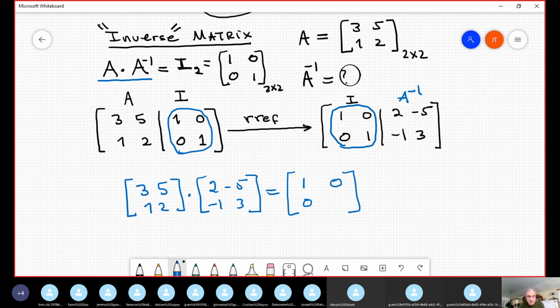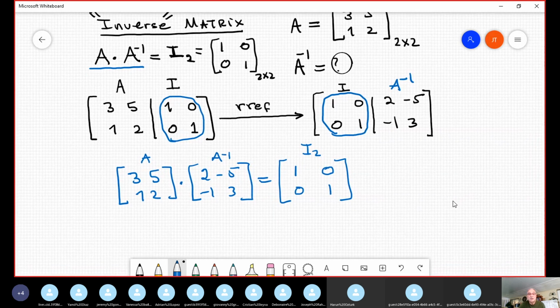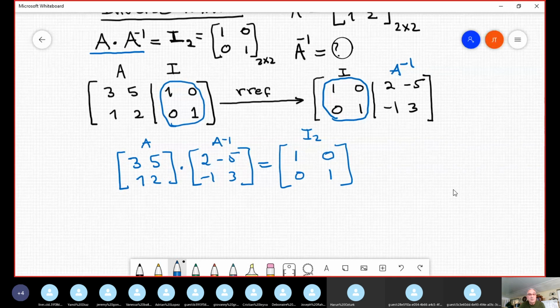And 1 times -5 is -5 plus 2 times 3 is 6, is 1. Boom. Identity matrix, dimension 2, from the inverse matrix and the original given matrix. This is like I did the post-multiplication.